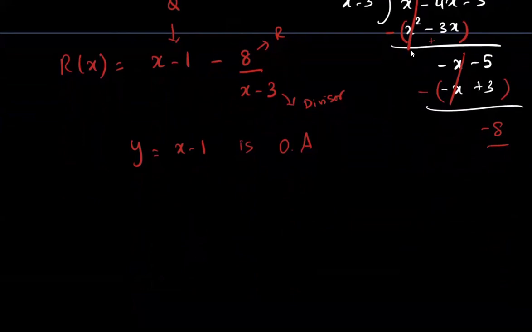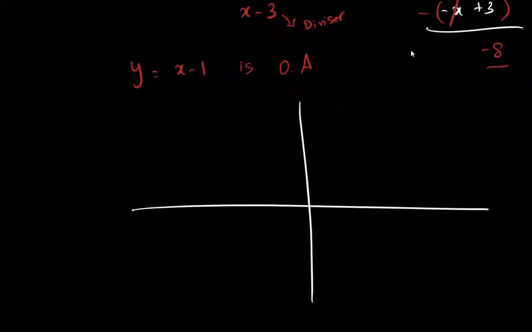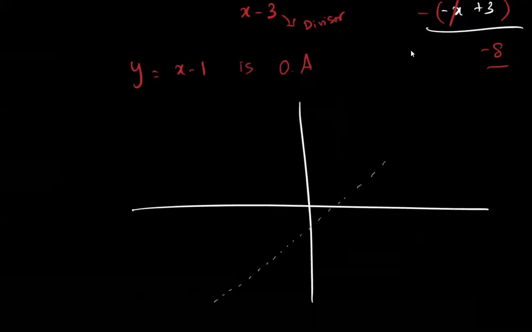That's it. So if you want to see how the graph might look, the graph of y equals x minus 1, if you know what it is, which you should, is going to look like this, right? Negative 1, 1 is the slope. So this is the asymptote.